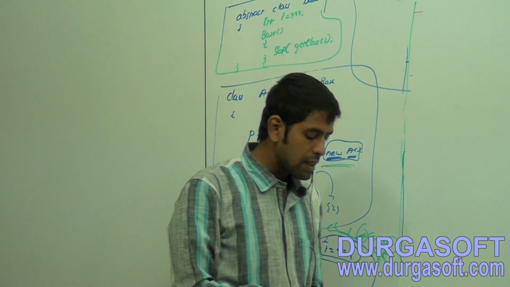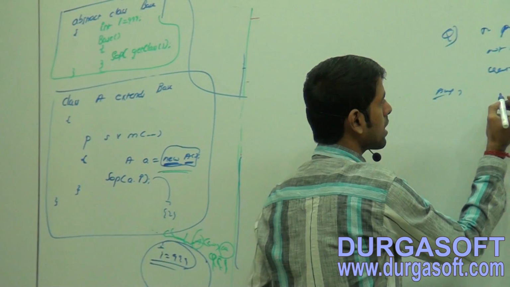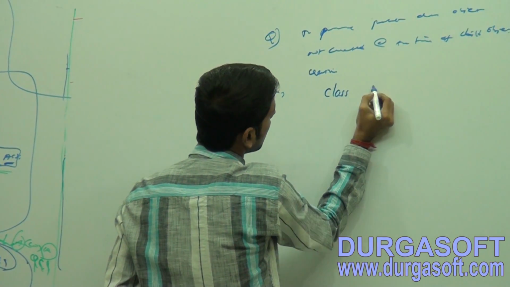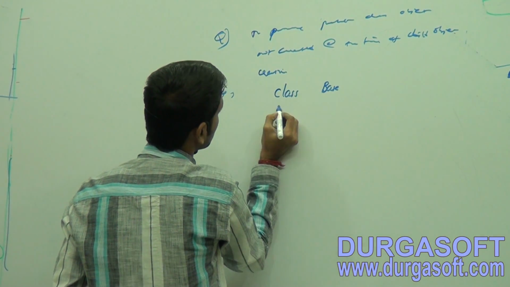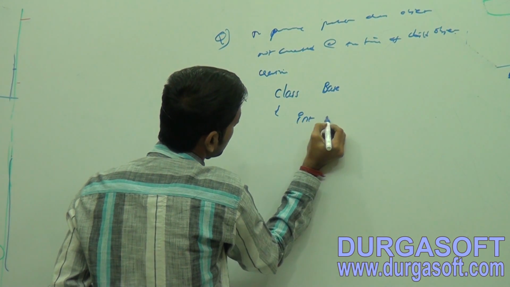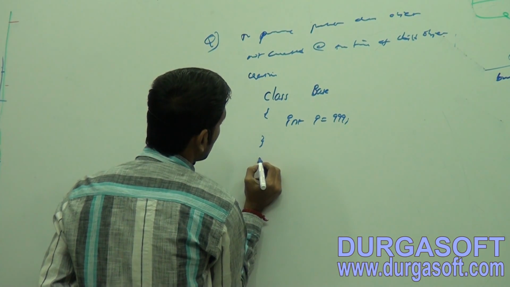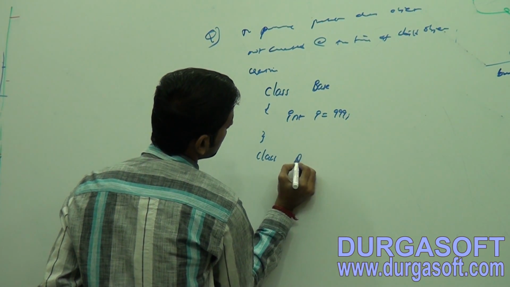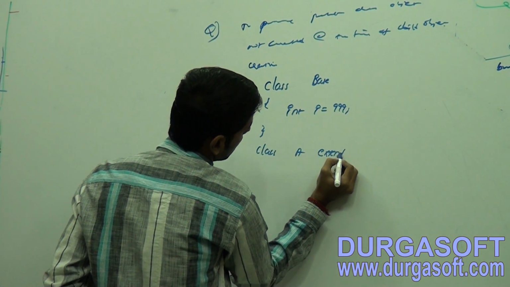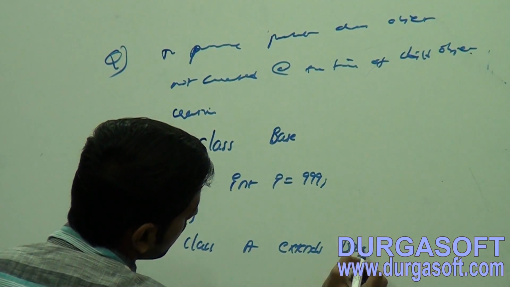Now at the time of creating child class object: class Base, int i = 999. Now class A extends Base.